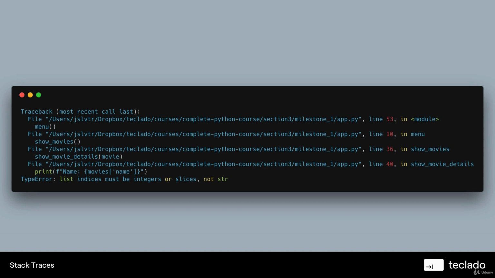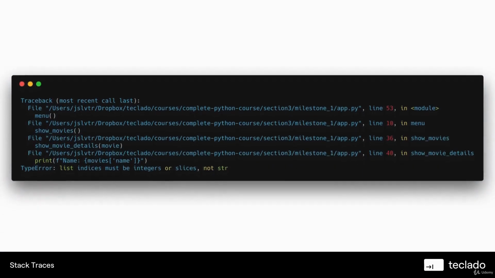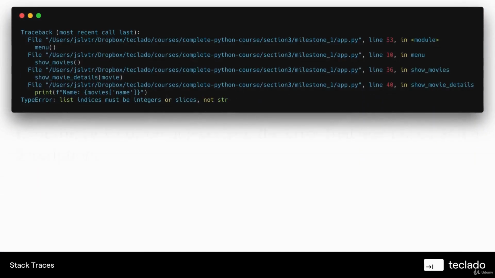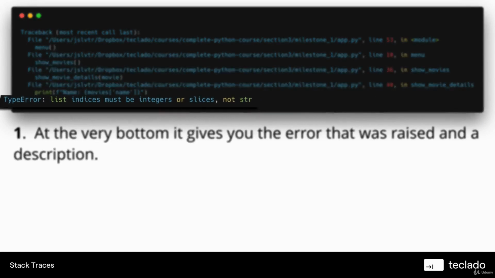And then you've got a small description, and it says list indices must be integers or slices, not string. And then as you go up, it gives you information of where the error happened. Now, we're going to talk about the stack trace right now. So let's give you a quick description of what is going on. At the very bottom, it gives you the error that was raised and a description as we've just seen. In this case, it's a type error.